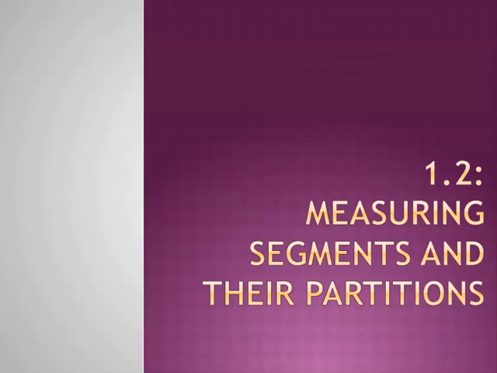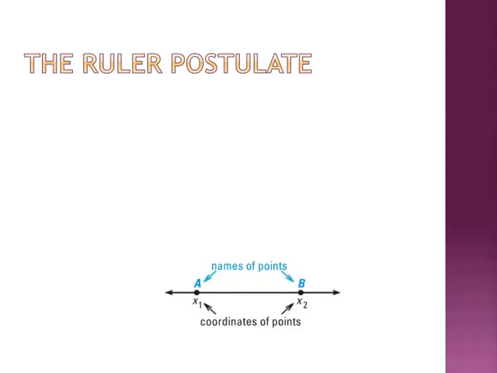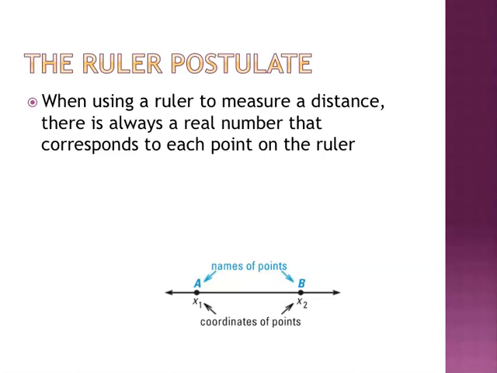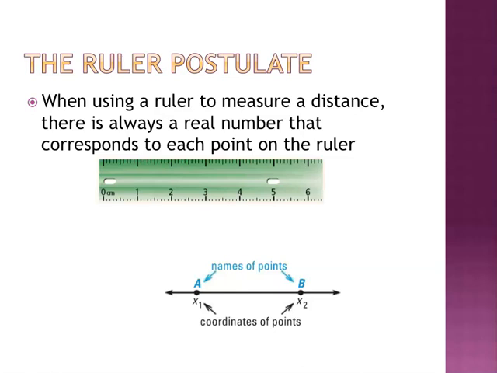So the first one we're going to go over is the ruler postulate. When you're using a ruler to measure a distance, there's always a real number that corresponds to each point on the ruler. We call that number the coordinate of the point. So here's a ruler.